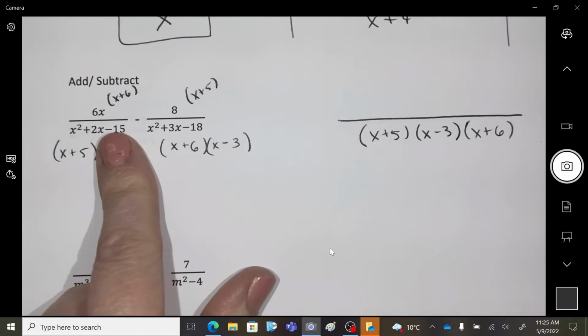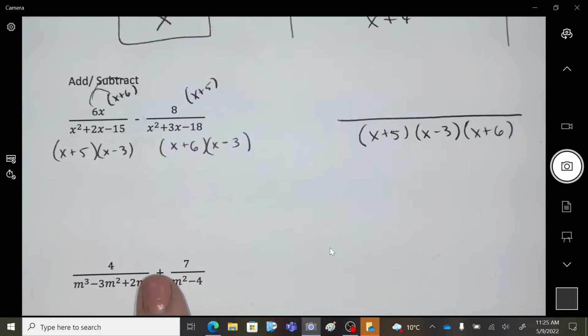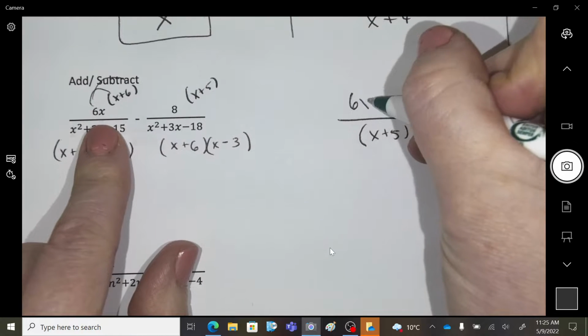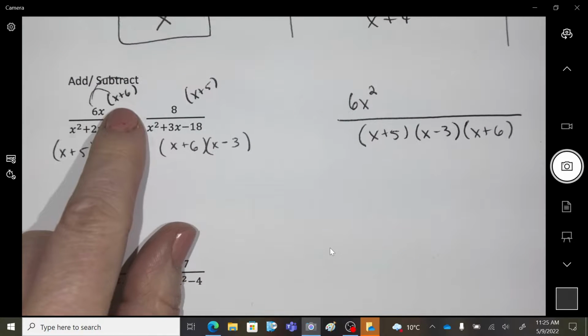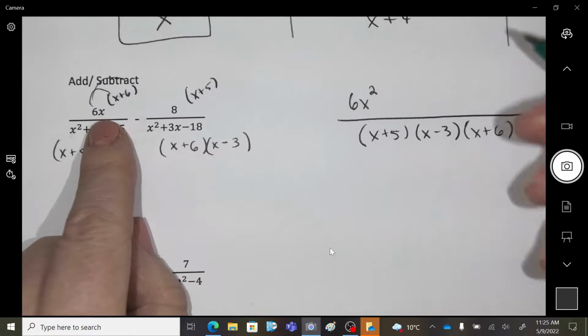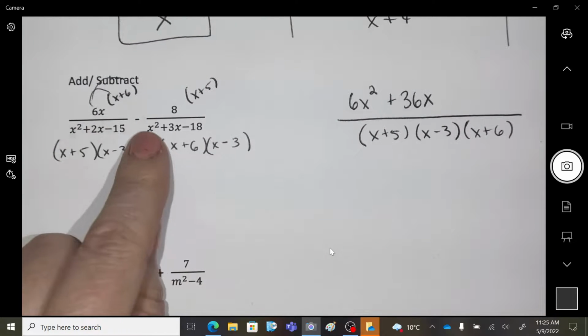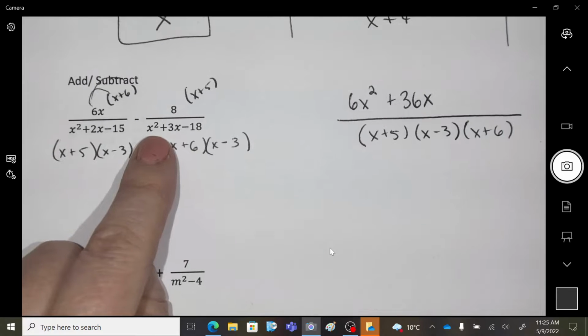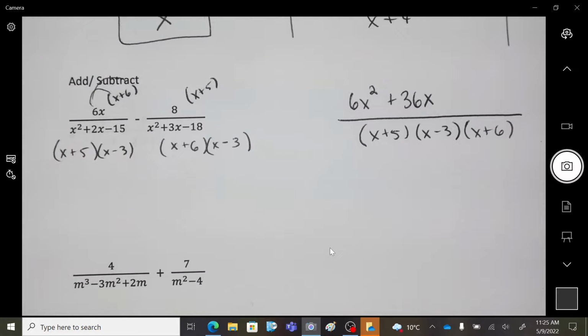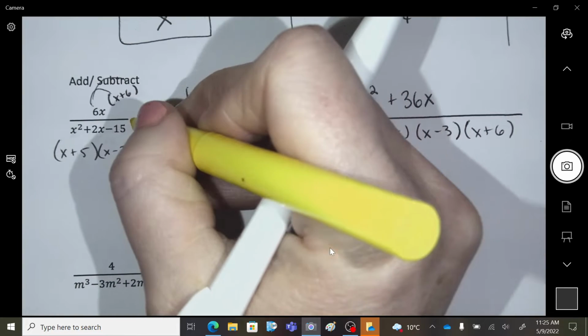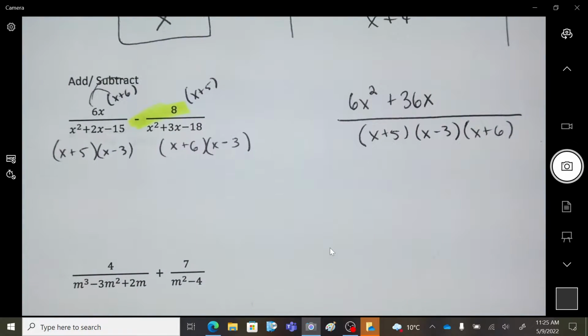Okay, now I'm going to multiply like that. So 6x squared plus 36x. Okay, do you remember on this second part, this is where I get a lot of mistakes on a test, because I have to remember I'm putting a -8 through that.